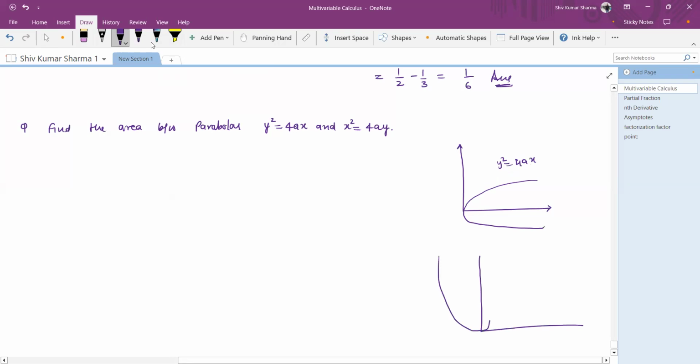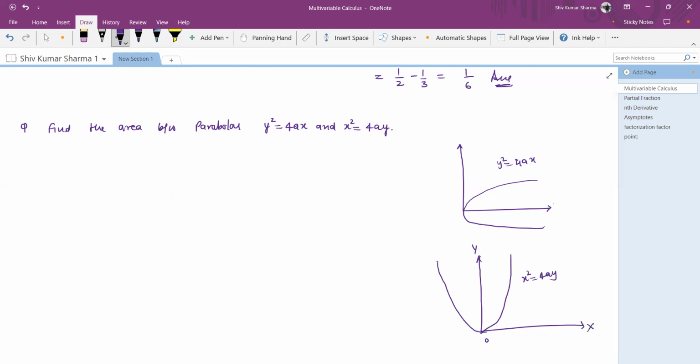So this is x square equal to 4ay. This is the y-axis, this is the x-axis, and this is the origin.